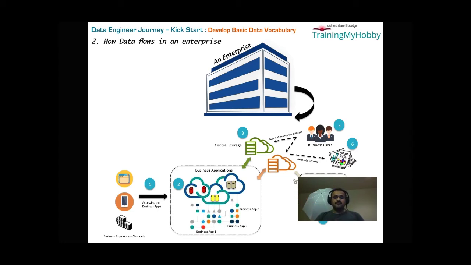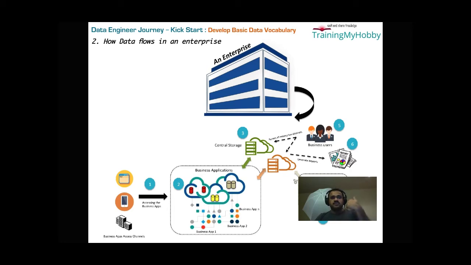Again, we're discussing how data flows in an enterprise. First, assume in my discussion that customers are generating data in these business applications or accessing the data. While these are the front end applications, in the back end the business user wants to know the patterns or create some summary.